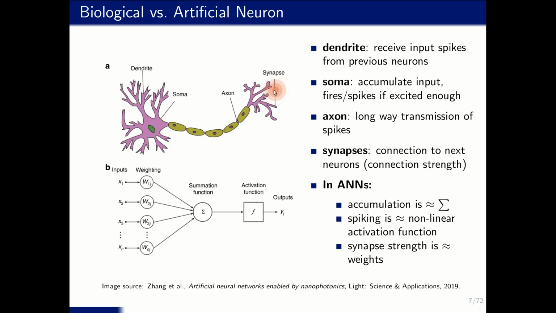While they are drawn here on the right-hand side, the weighting happens directly at the input. Like the synapses, we have these adaptable weights, and these will be the parameters we are trying to learn. The input gets weighted with these adaptable weights and then just accumulated in a summation function.